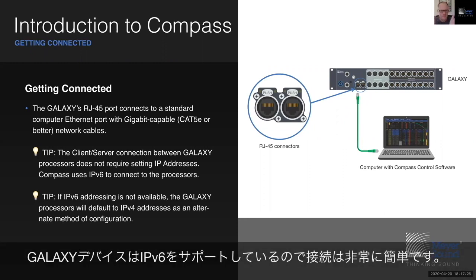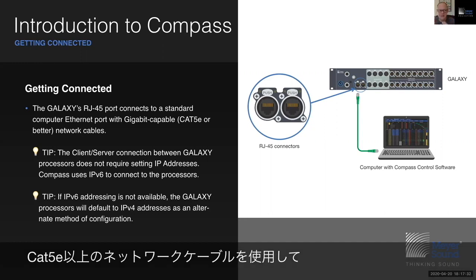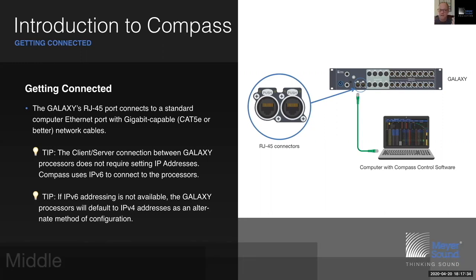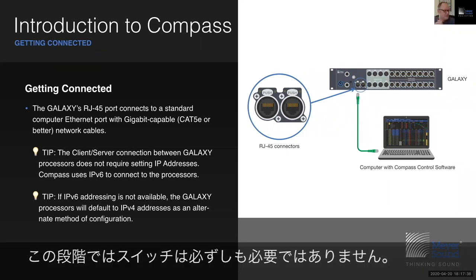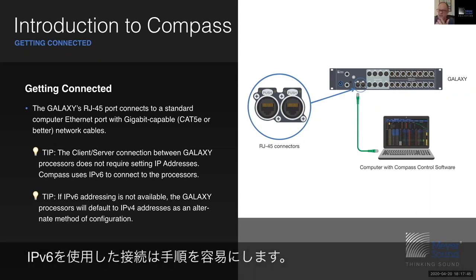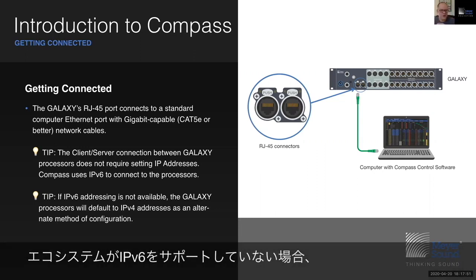Well, that's a very straightforward process because Galaxy devices support IPv6, which means that if I have a Cat5e or better network cable, all that's needed is to directly connect my computer to the Galaxy device. Switches are not mandatory at this stage. Directly connect to the Galaxy device, and IPv6 will make it possible that further steps are not mandatory.